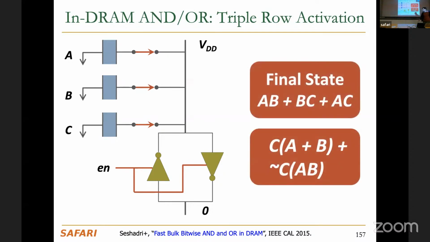And this is how we can express a majority function as well in terms of OR and AND. So depending on what's the value of this C, whether it's 1 or 0, we will have an OR operation between A and B or an AND operation between A and B, right? The example was A and B charged, C fully discharged. If it's the other way around, A and B discharged and C fully charged, the majority would have been 0.